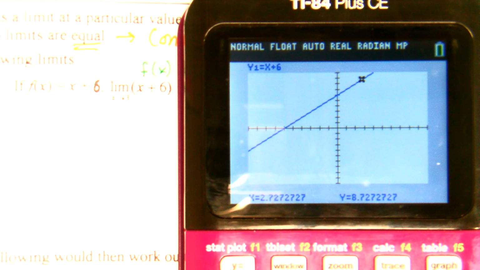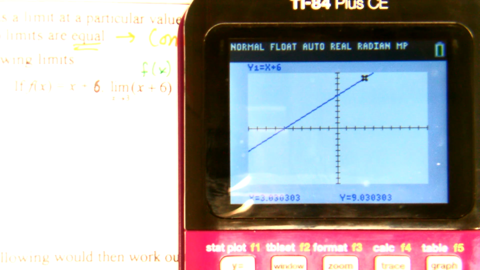Are you watching your y values? Then 3.03. 2.87 gave 8.87, and 3.03 gave 9.03. What's the guess? It'd be 9. So you literally just put the number you're approaching into the function. Yes, it is sometimes that easy.